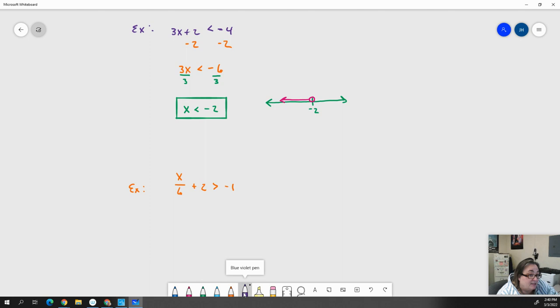So I'm going to undo everything being done to it. Here I have 2 being added to it, so I'm going to subtract 2. Once I do it to one side, I also have to do it to the other side to maintain the values. And so here I'm going to be left with x over 6 is greater than negative 3.